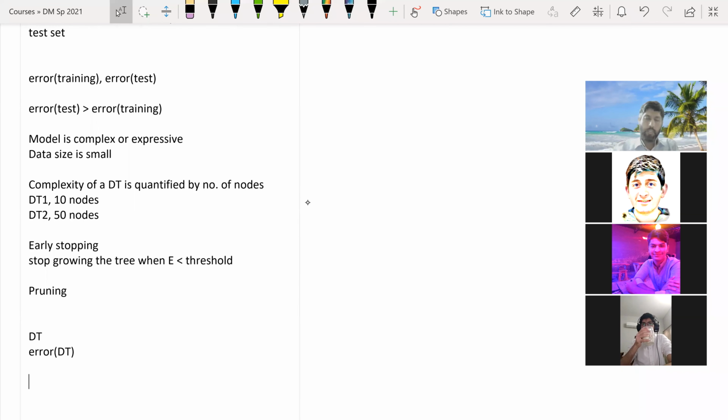Now you basically remove a subtree and replace it with a leaf. So let me have to draw this, I think.